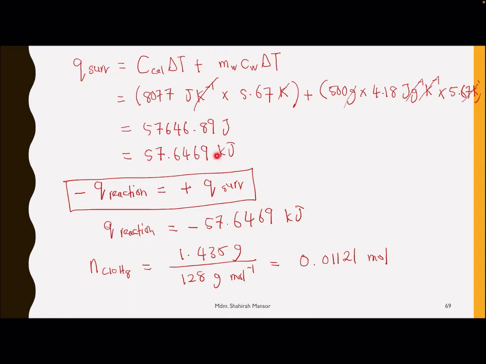Hence, from the energy absorbed by the surrounding, we can get the amount of heat released by the reaction. But the amount of heat released from this reaction correlates to this amount of moles, meaning that 0.01121 mole of naphthalene burns to release this amount of energy.